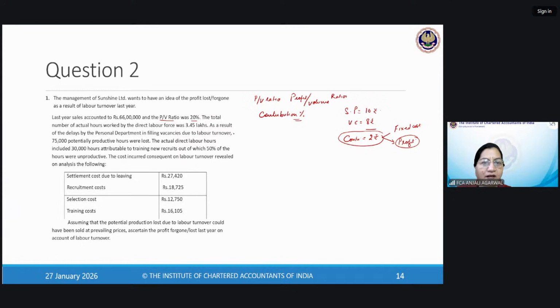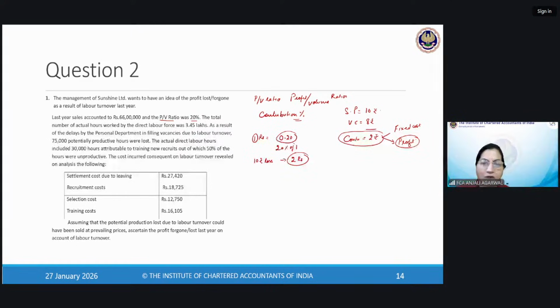So if I have sold even 1 rupee less, that means 20 paisa of my profit is eroded. 20% of 1 rupee. If the sales is 10 rupees less, that means I am losing a profit of 2 rupees. It directly impacts the profit or loss.